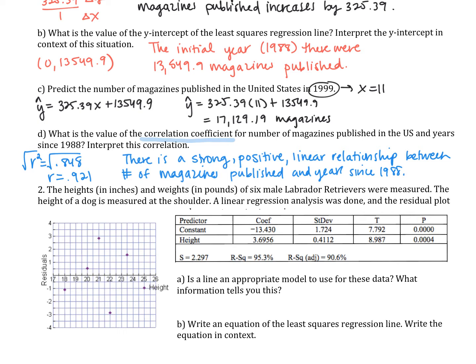If you were wondering about the interpretation of that r-squared value, you might need to know that on your test. So if you're wondering, it would be 84.8% of the variation in the number of magazines published can be accounted for or attributed to by the linear relationship with x, which is the number of years since 1988.